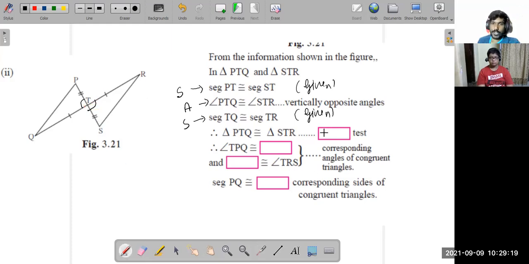So I can confidently say they are congruent to each other by SAS test. Now, since they are congruent, their corresponding sides and corresponding angles will be congruent to each other. So can you tell me angle TPQ, that is this angle here, will be congruent to which angle?